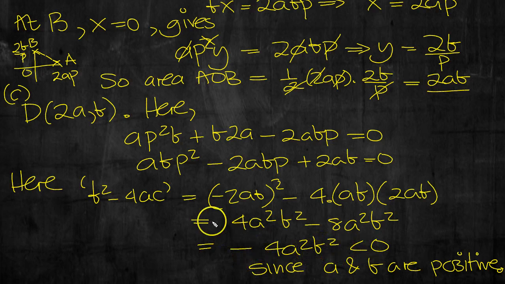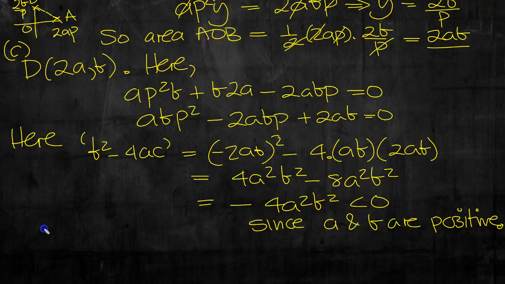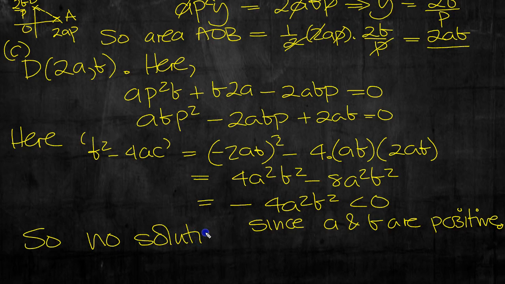Okay, that's good. So there's no solutions. And that's what we wanted to show, because there's no value of p that satisfies this quadratic. And if that's the case, then this point doesn't lie on the line.